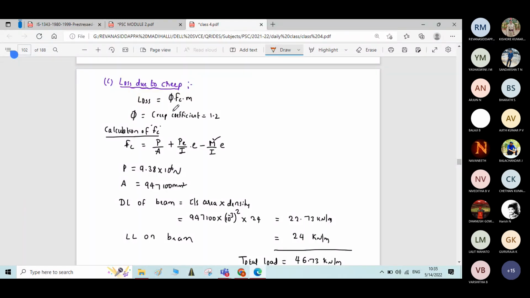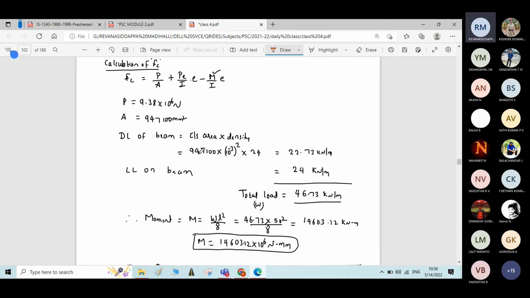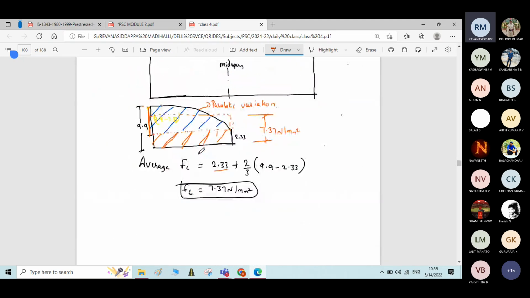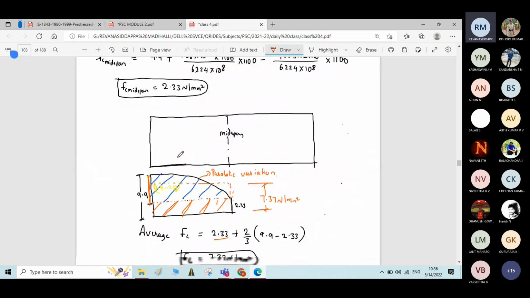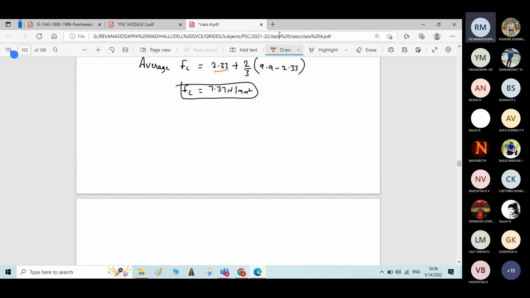Creep coefficient phi is 1.2, FC we have just calculated, it is 7.37. Then what else is required? We require the modular ratio to calculate the loss. Correct? What is the modular ratio? Modular ratio m is given by the ratio of Young's modulus of steel to that of Young's modulus of concrete.